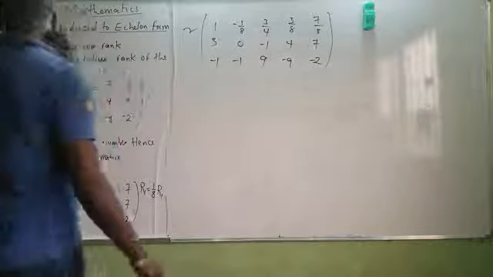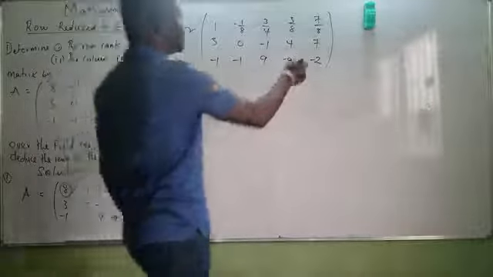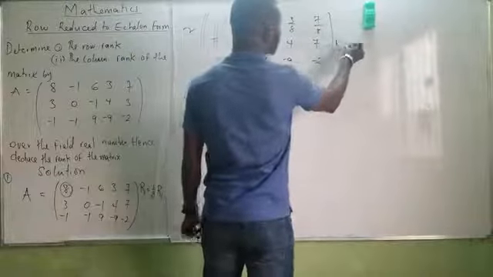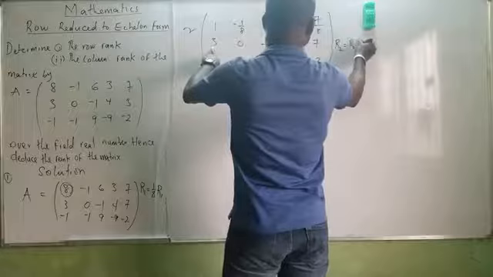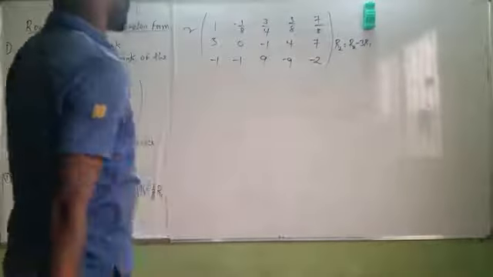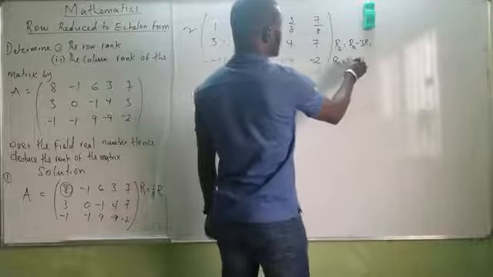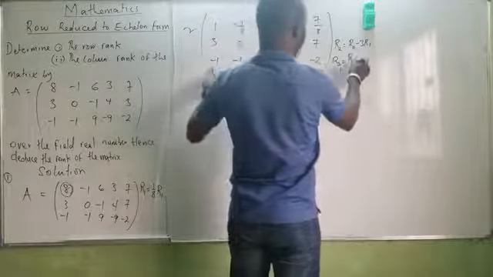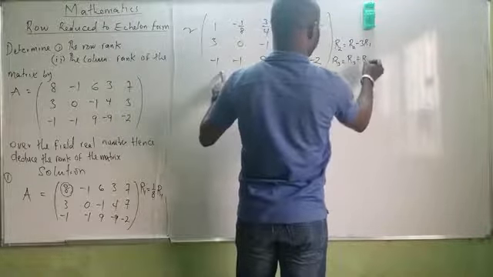Now, I will move on by taking some steps. My row 2 equals row 2 minus 3 row 1. I can also say that my row 3 equals row 3 plus row 1.